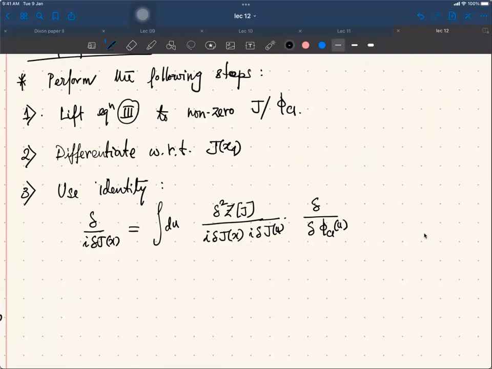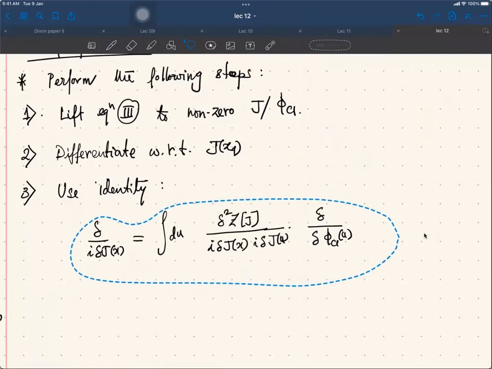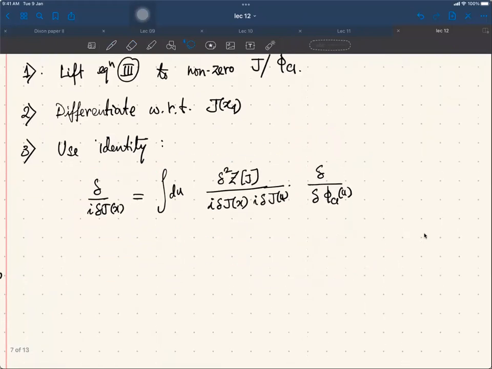This is of course true for non-zero value of j and phi CL. This is just the definition. So you first apply the chain rule as I discussed earlier. First apply the chain rule, del j equals del phi del j times del phi. Del phi del j can be written in terms of this using that equations in Legendre transformation.